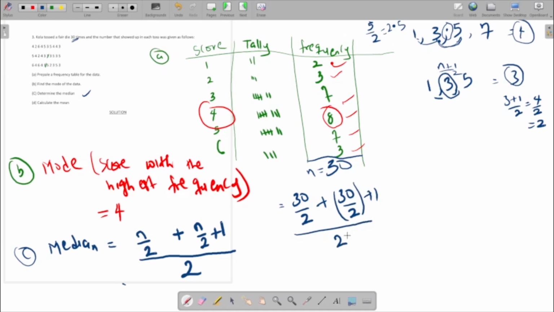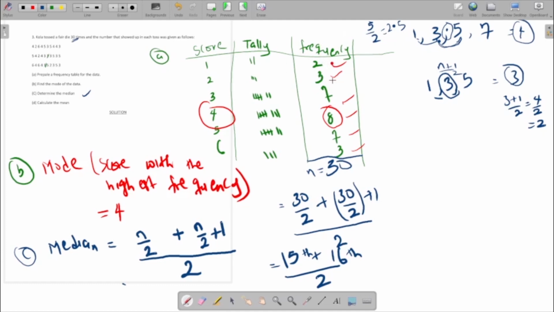That is our term here, because the data has 30 values: the first term, second term, third term, up to the 30th term. So 30 divided by 2 will give us 15, plus 15 plus 1 gives us 16, divided by 2. That is the 15th term and the 16th term. So we go back to our table here to get our 15th term.